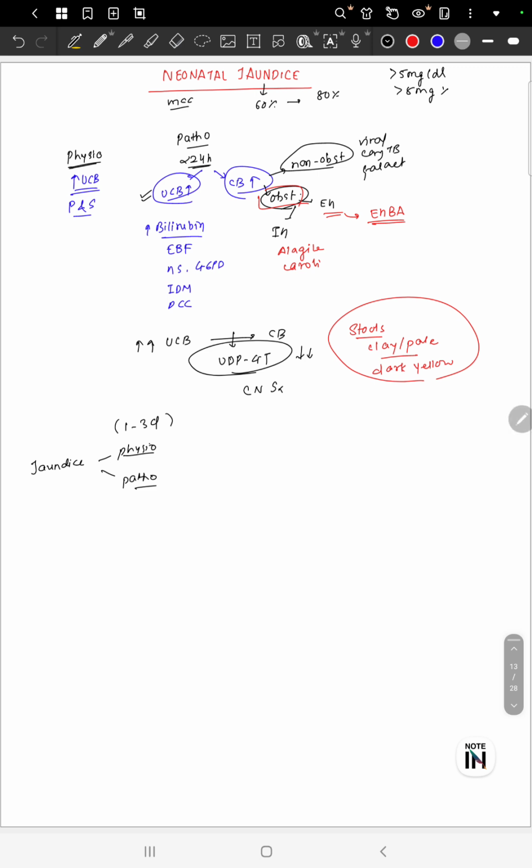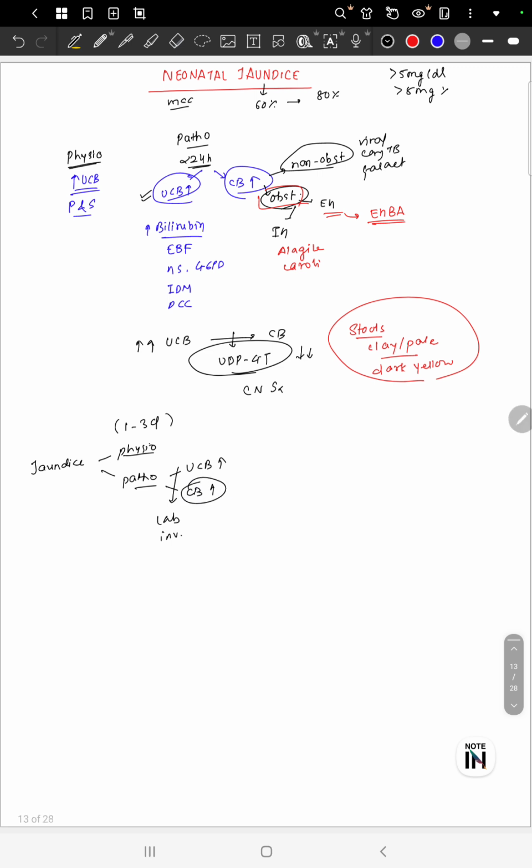Now, pathological jaundice is further divided into whether unconjugated bilirubin levels increase or conjugated bilirubin levels increase. This can be found out by lab investigation. By lab investigation, we can find out which type of pathology is present, whether it's a rise in unconjugated or conjugated bilirubin levels.